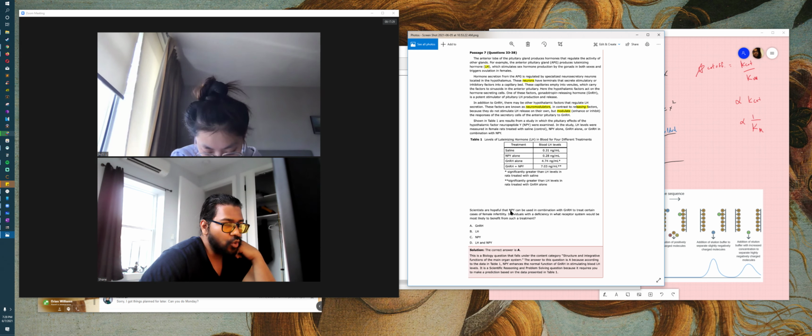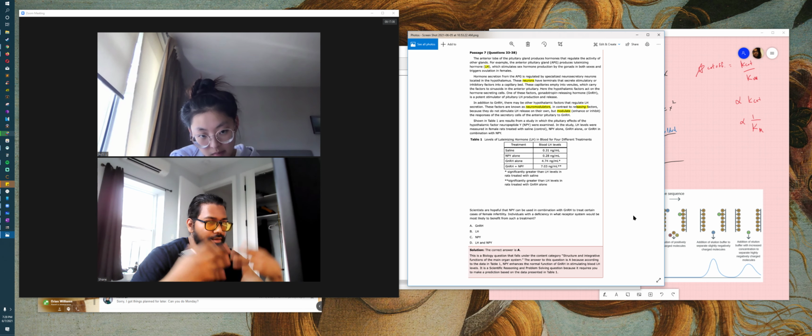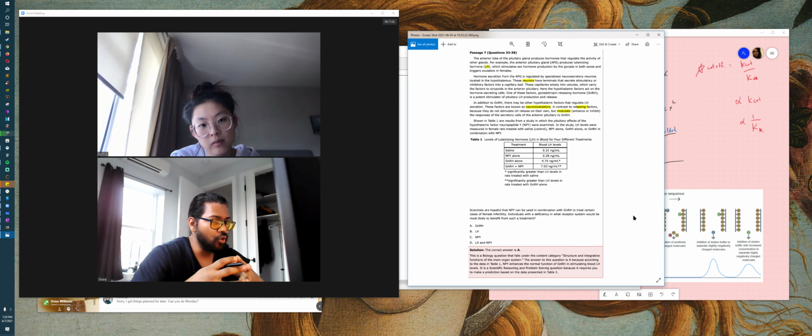And then they're saying in the question that when you use NPY with GnRH, it can help certain cases of female infertility. So, individuals with a deficiency in what receptor system?